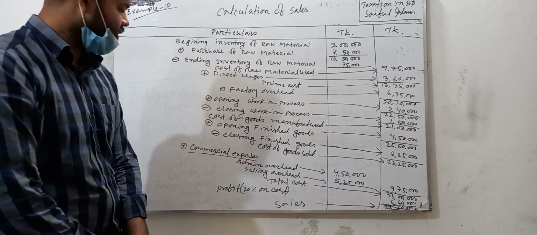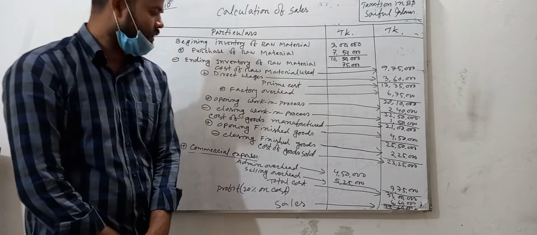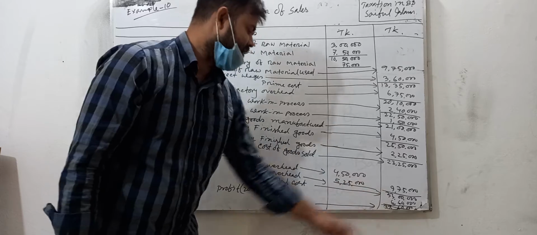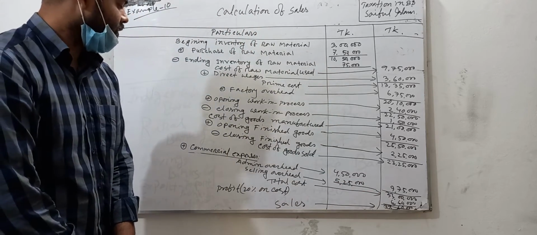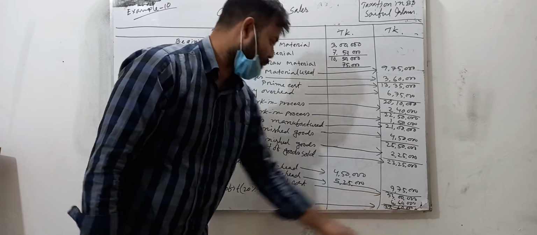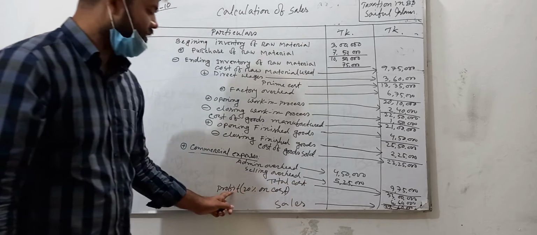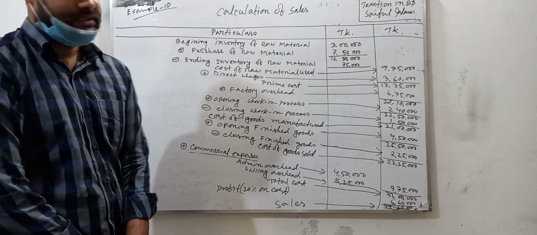Given in the question, there is profit of 20% on cost. So cost is 33 lakh and 20% will be 6 lakh 60,000. When we add total cost plus profit, then the answer will be sales.